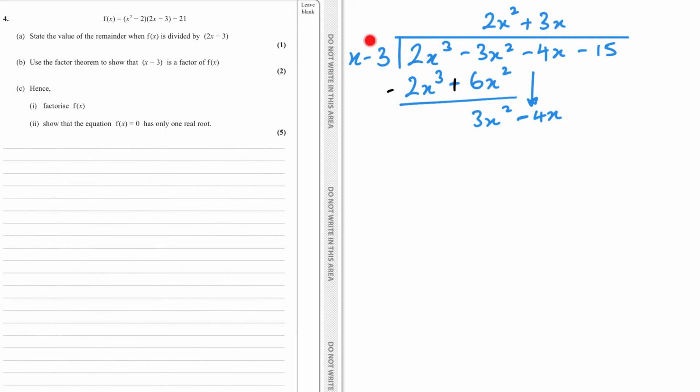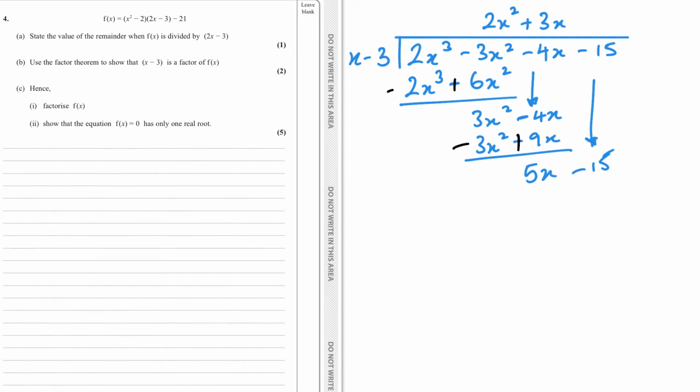And then 3x multiplied by x, 3x multiplied by negative 3. That gives me 3x squared minus 9x. And remember, you're taking away here, so I just change the sign and add, just because I find it quicker and easier. So this then gives me 5x, and I bring down the negative 15.